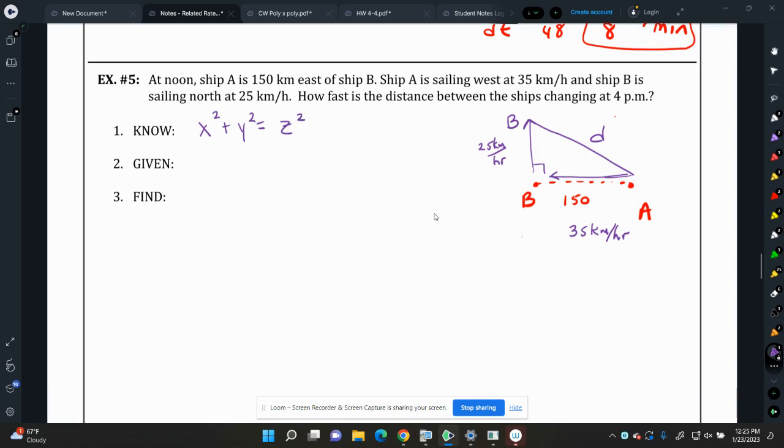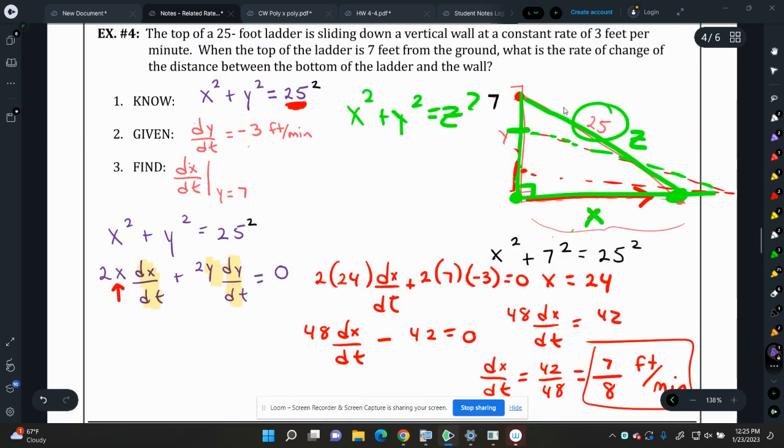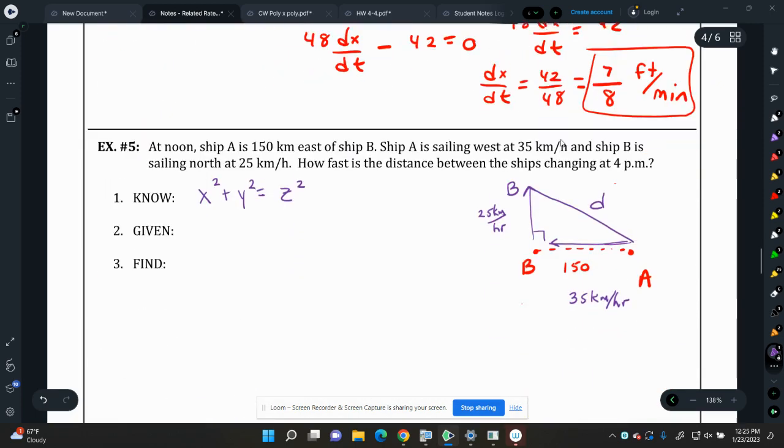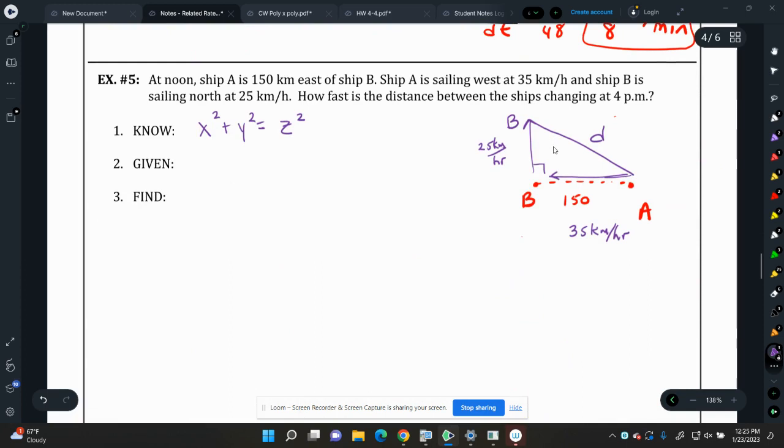In the previous example, that z was a constant because it was that ladder. Is z a constant this time? No. Let me rename this as z instead of d to be consistent here. This is x and this is y. So what information do we know?